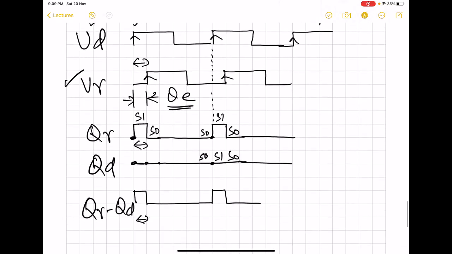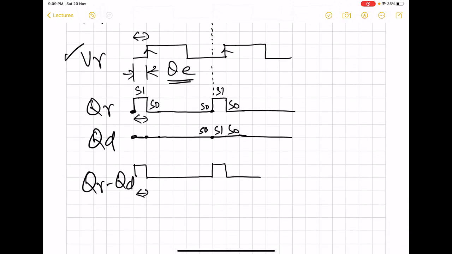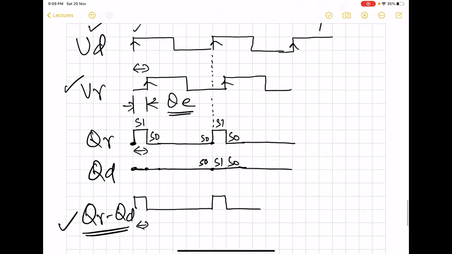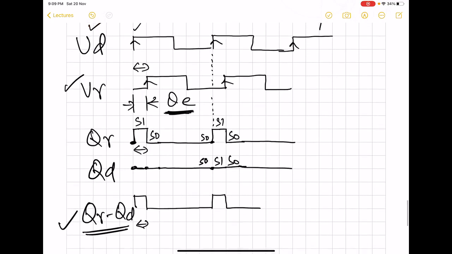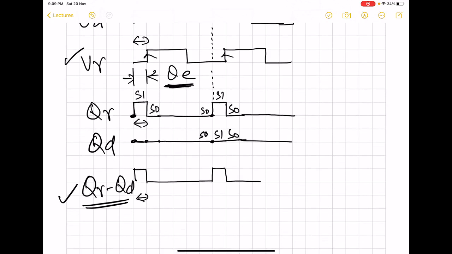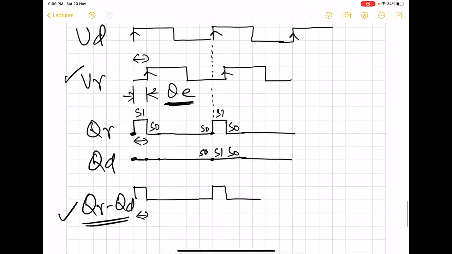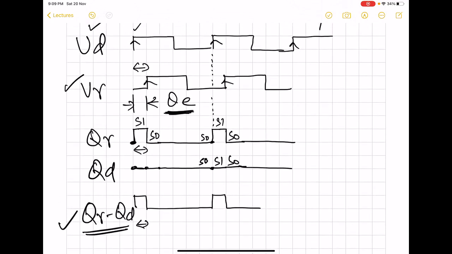That means the width of the difference signal is going to increase. That means the DC content of this difference signal is going to increase. So the DC content of this difference output signal will be proportional to the phase error that we see between the two signals. So as this phase error increases from a very small value to, in fact, up to 2 pi, the width is also going to increase from 0 to 2 pi.